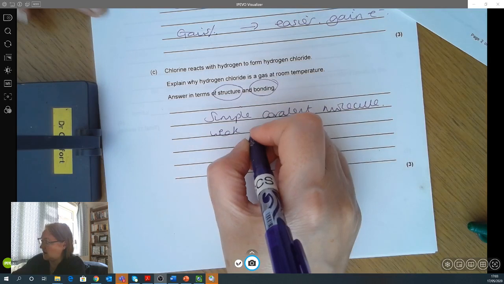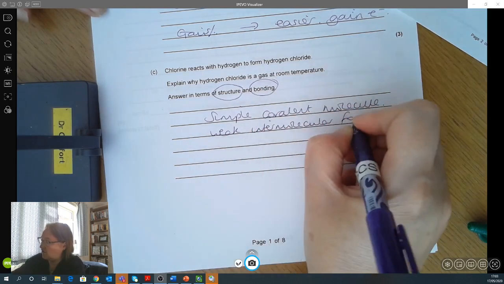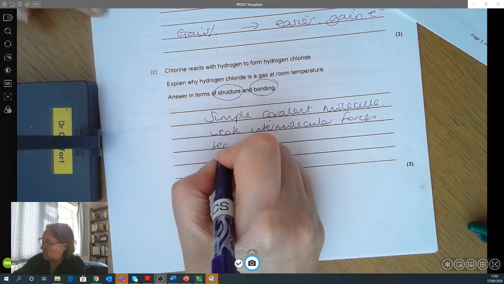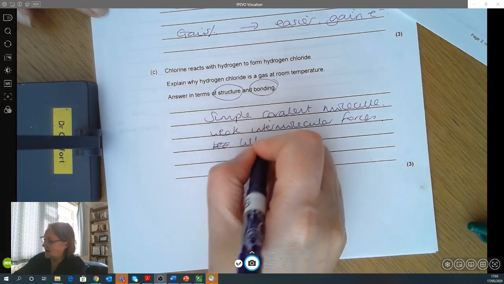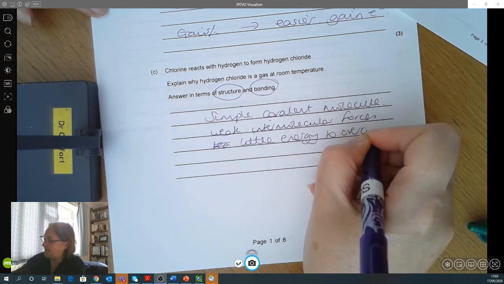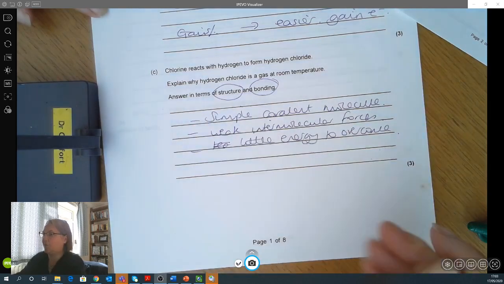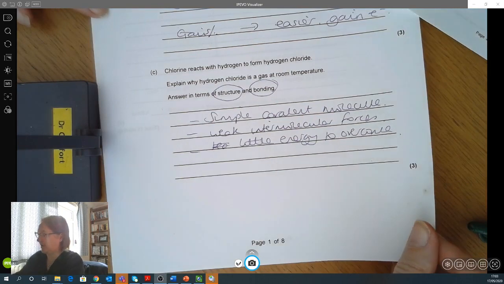It has weak intermolecular forces, which therefore need little energy to overcome them. That's a nice simple 3-mark one that we should be used to from our structure and bonding topic.